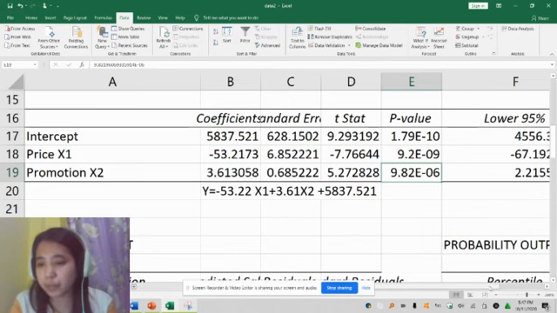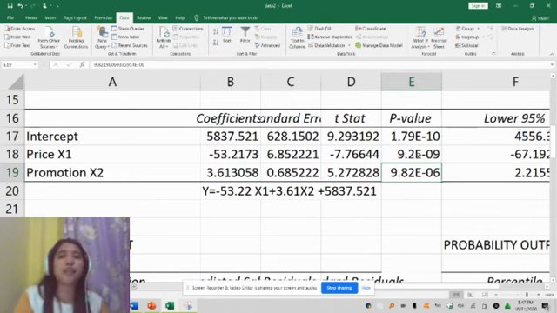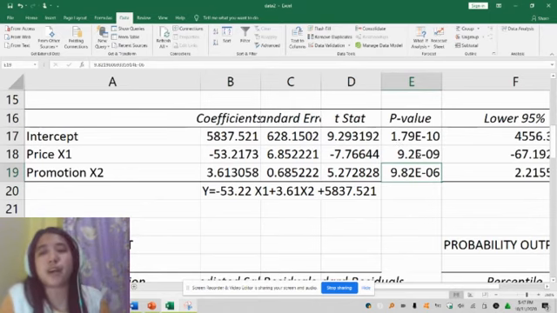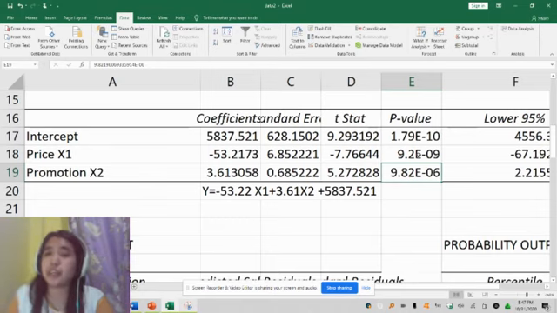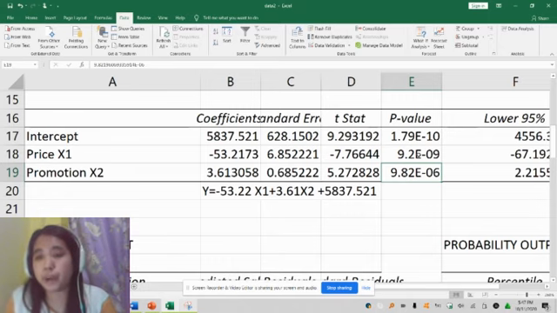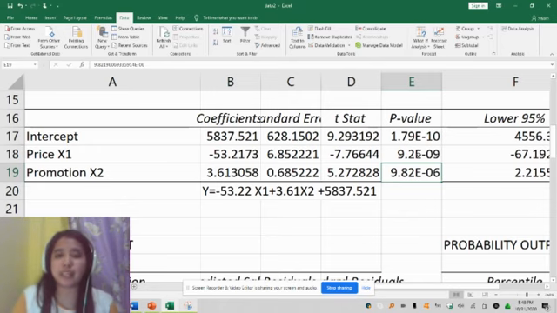If we go to the p-value result, again, 9.22 E negative 09 means that it is again almost zero. The same with the promotion, which is 9.82 E negative 06. So simply, this means that price is a significant predictor and promotion is also a significant predictor of the sales.